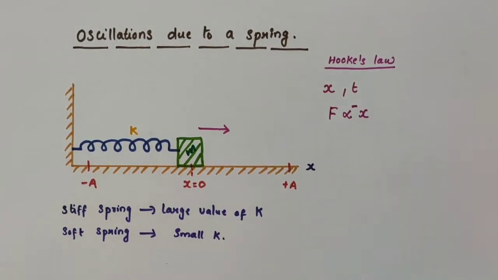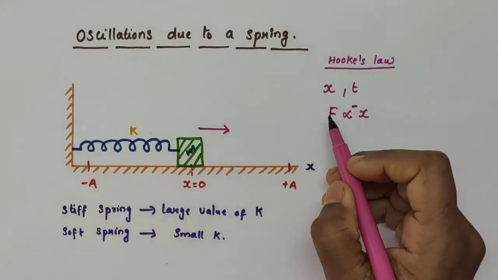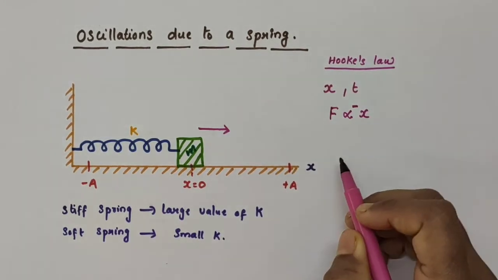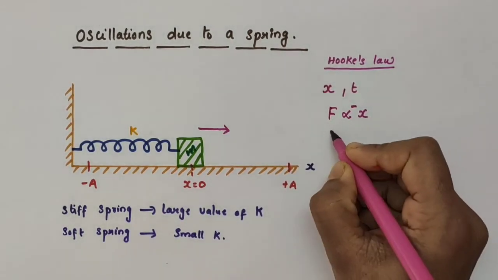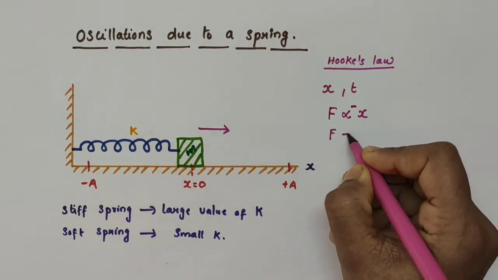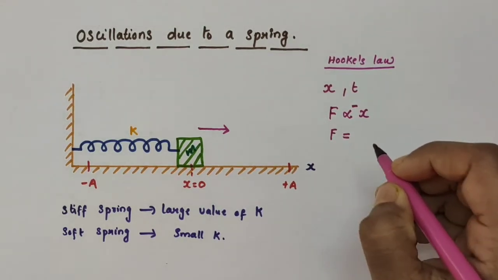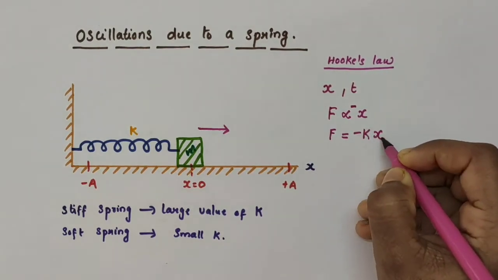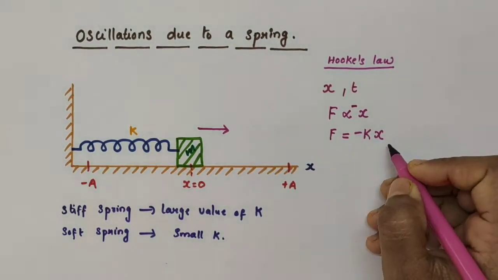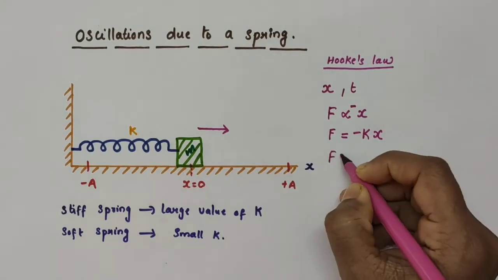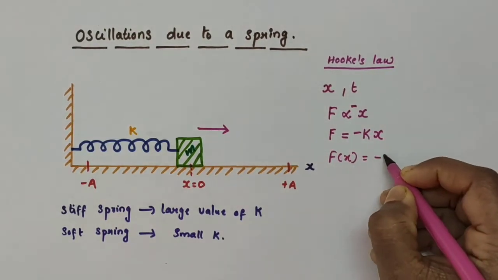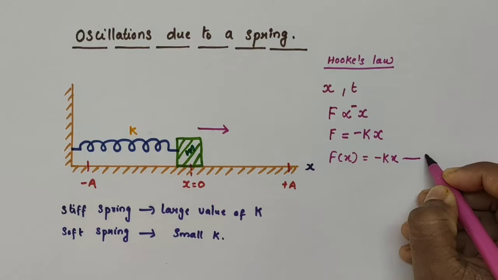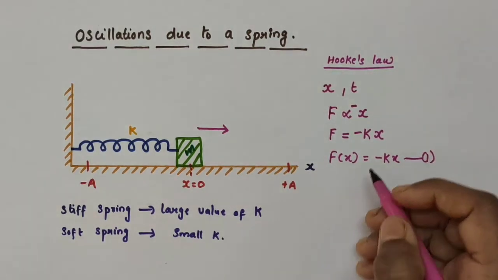This negative sign indicates that the restoring force is in the opposite direction to the displacement. While replacing this proportionality sign with an equal sign, we write a proportionality constant here. That proportionality constant is k. So we can write F is equal to minus kx, or F of x is equal to minus kx, and I am taking this as equation number 1.